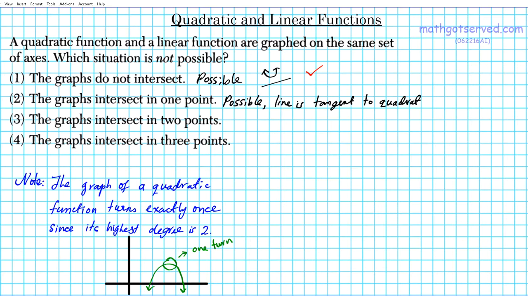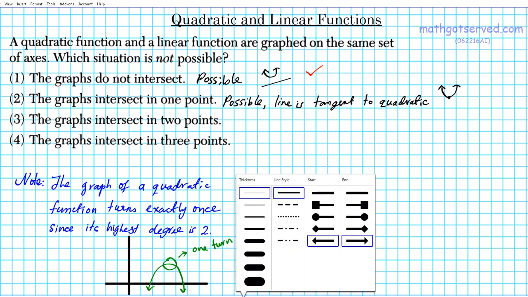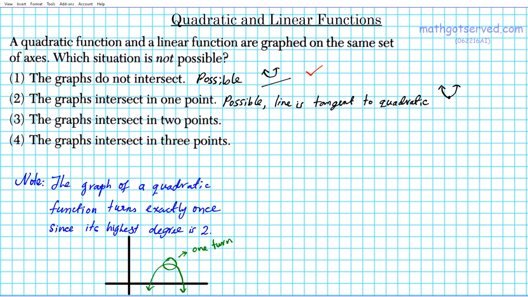What does tangency mean? Tangency basically means that the line touches the curve at exactly one point. Let's say we have a quadratic function like this, and this point right here is a point of tangency. That means that the line is going to touch the quadratic function at exactly one point, right there. So it's possible. This makes perfect sense.